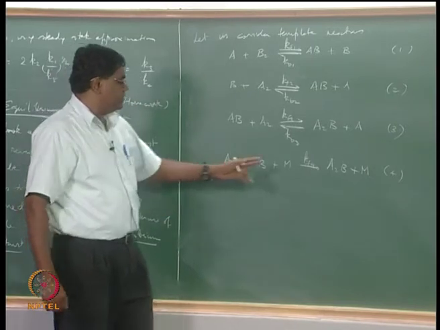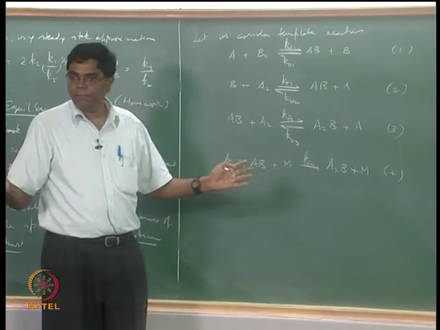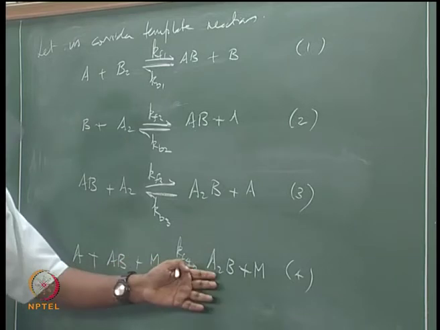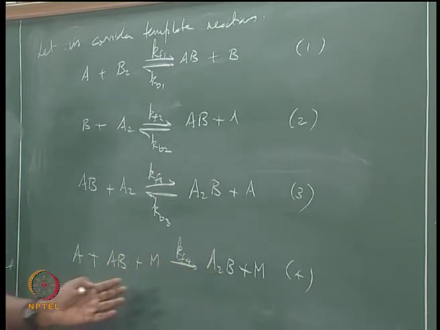That is a chain propagation. And M is any third body, and you are finally getting a stable product. So this is like a chain termination step. You can see the sequence of events that starts with chain initiation, branching, propagation, termination and so on.